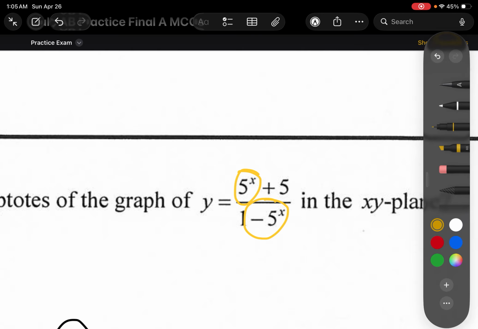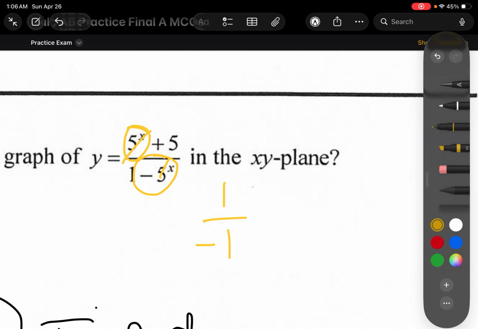And you can cancel those out, giving you 1 over -1, which is 1, or -1. This is our first horizontal asymptote.